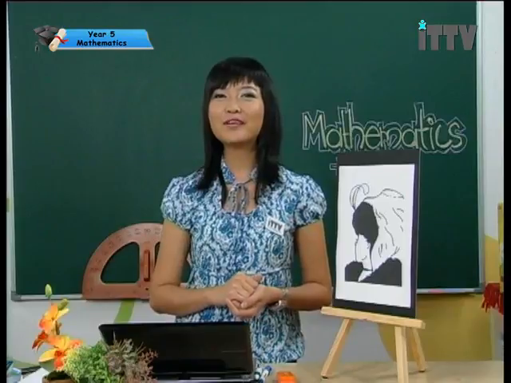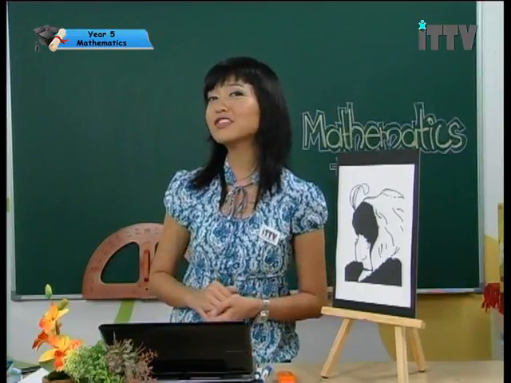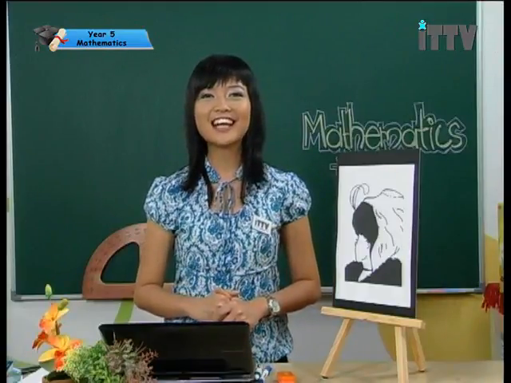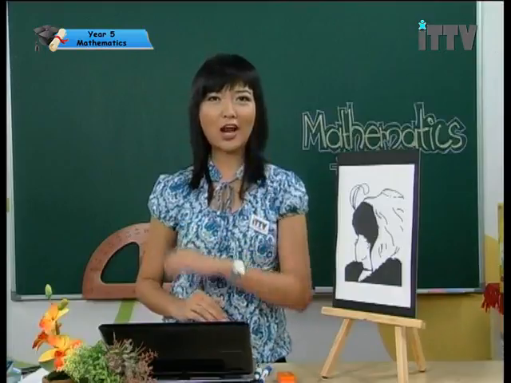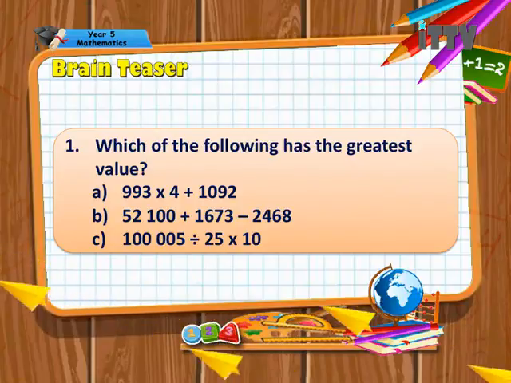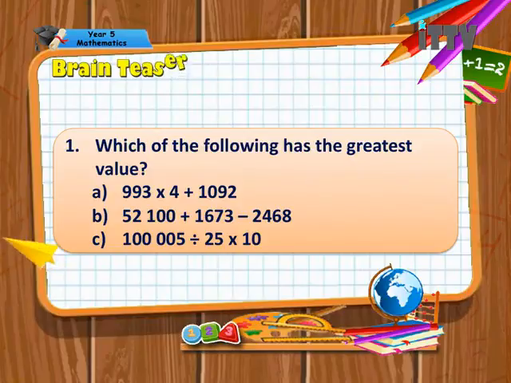Now, before we say bye-bye for today, boys and girls, I have some questions for you to try. Have you got your pens and paper ready? Now, copy down question number 1. Which of the following has the greatest value? A. 993 times 4 plus 1092.